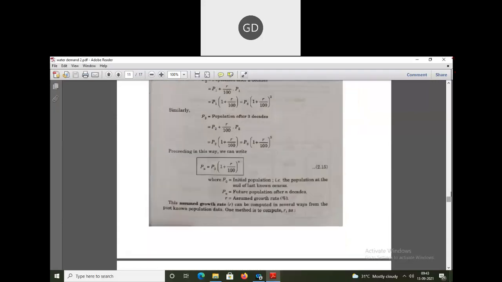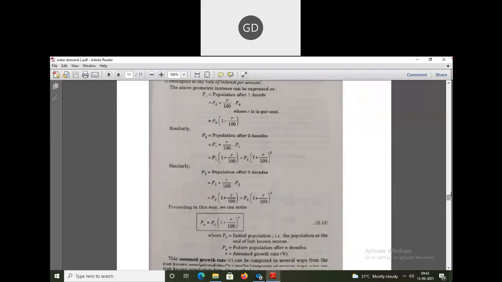In cities where industrialization is more, the geometric increase method is used.